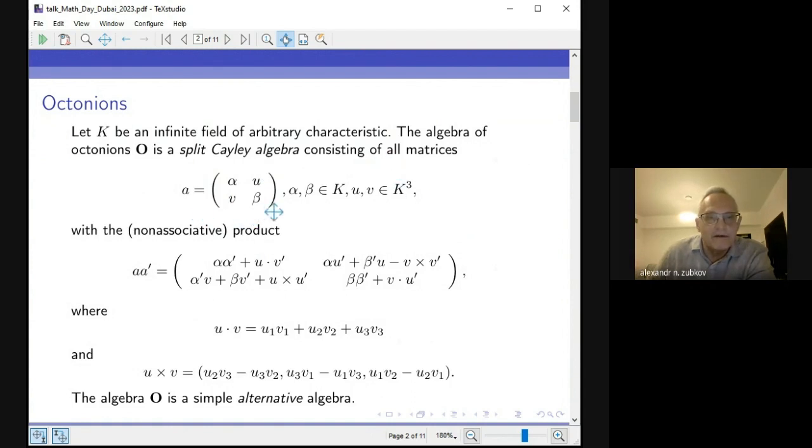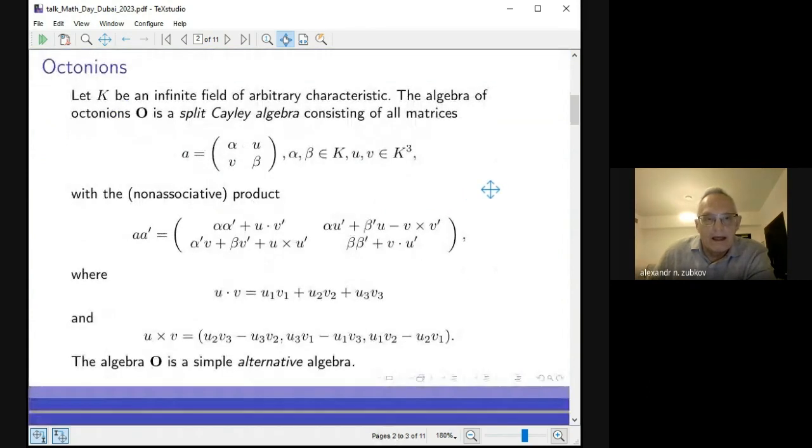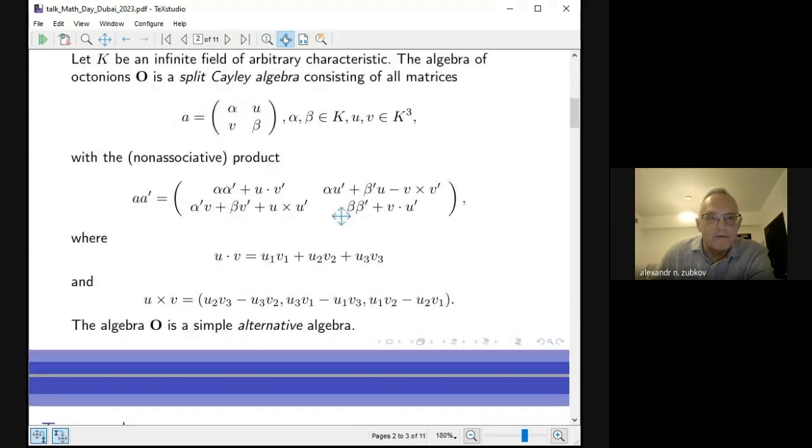So what we have here is a 2 by 2 matrix. On the main diagonal we have scalars from our ground field K, and these elements u and v are just vectors from a 3-dimensional vector space. On the set of these matrices we can define a non-associative product by the following formula.